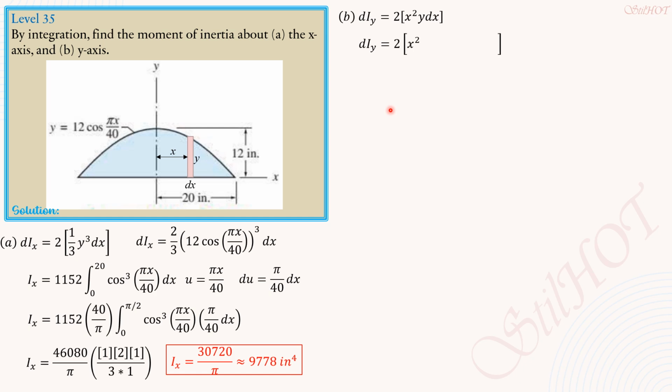Differential Iy is 2 times x squared times quantity 12 cosine of pi x over 40 dx. So simplifying and integrating, Iy is 24 integral 0 to 20 of x squared cosine of pi x over 40 dx.